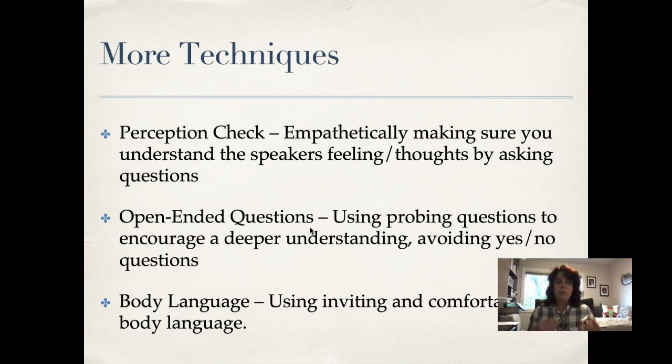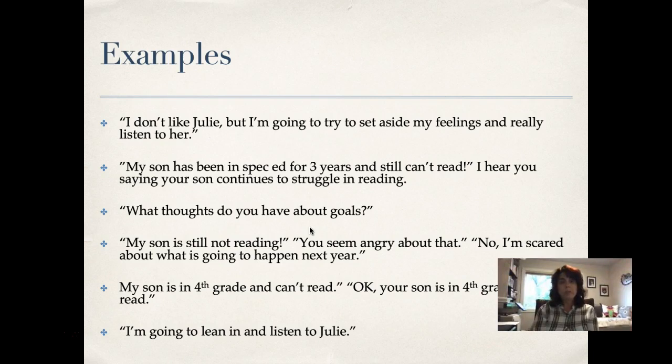So, do things like sitting next to a person, making them feel comfortable, looking at them when they're talking, showing that you're interested, not folding your arms and making it seem like you're really upset about something. Have that open body language.